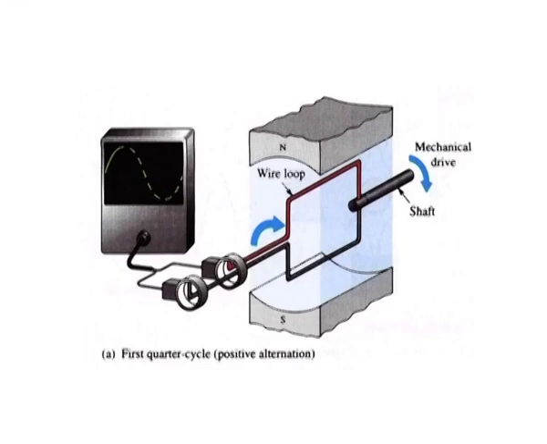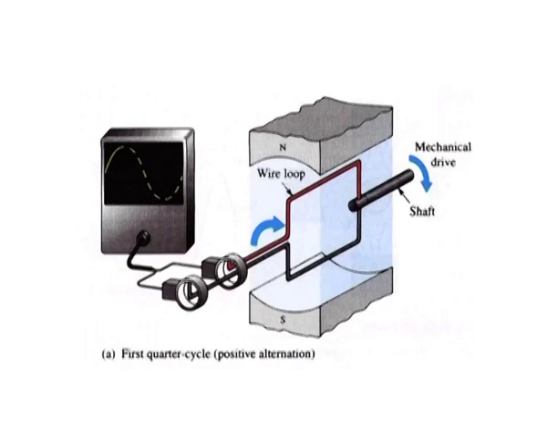As the wire loop rotates through the first quarter cycle, it cuts through the flux lines at an increasing rate until it is instantaneously moving perpendicular to the flux lines at the vertical position and cutting through them at a maximum rate.